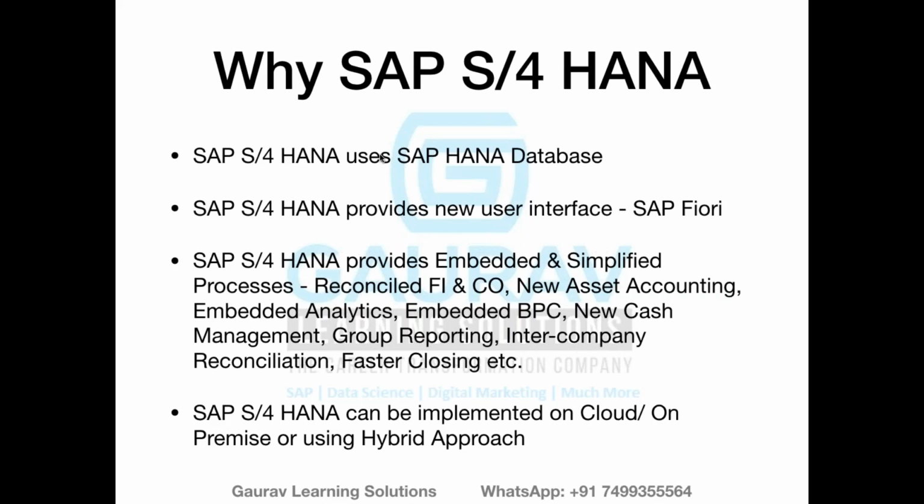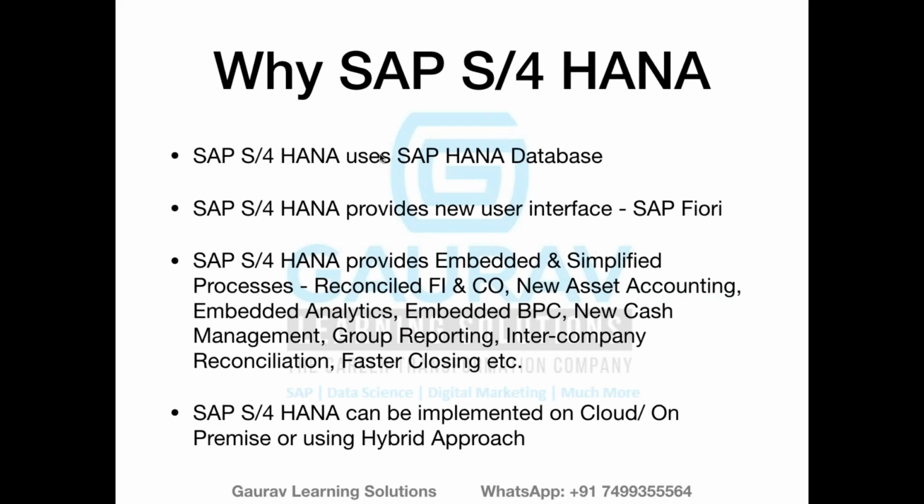In addition to these two technical things, SAP S/4HANA also provides embedded and simplified processes. For example, we just discussed the reconciled FI and CO, even asset accounting has been simplified. We have the option of embedded analytics, where we can generate graphical reports directly from the system.